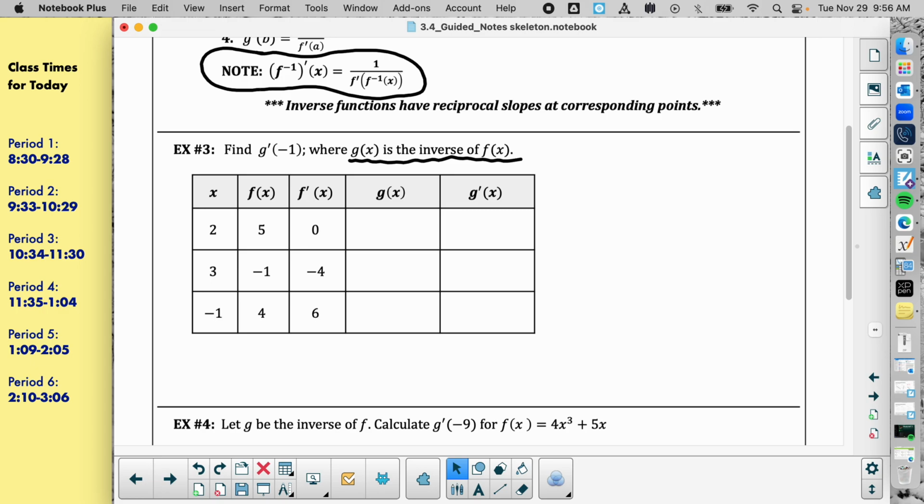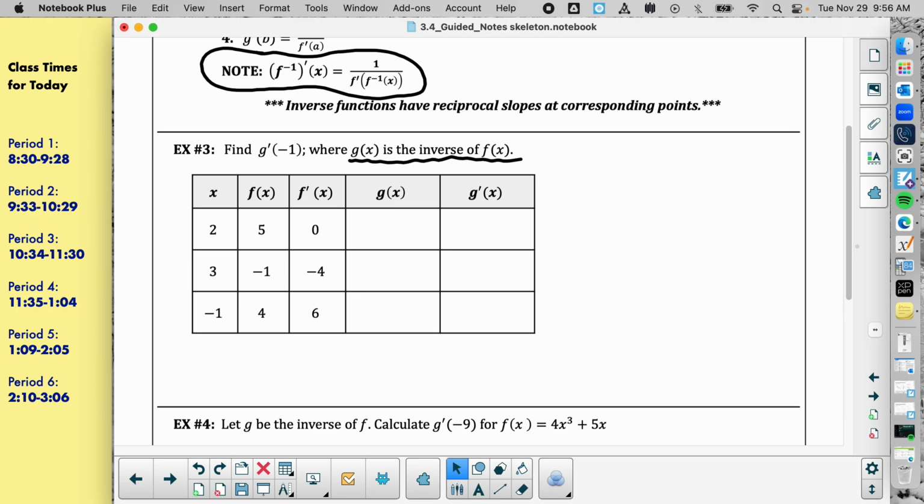And if you're told that, then you know it. So instead of writing F inverse, they're just gonna write G. And to me, that's super annoying because sometimes G is just an equation on its own. Sometimes it stands for something, you just have to be able to read everything. I personally don't mind writing F inverse, but you're gonna be given the problem lots of ways. I guess that's my point.